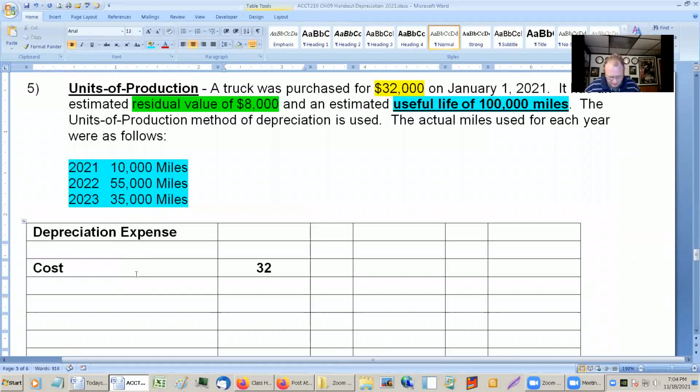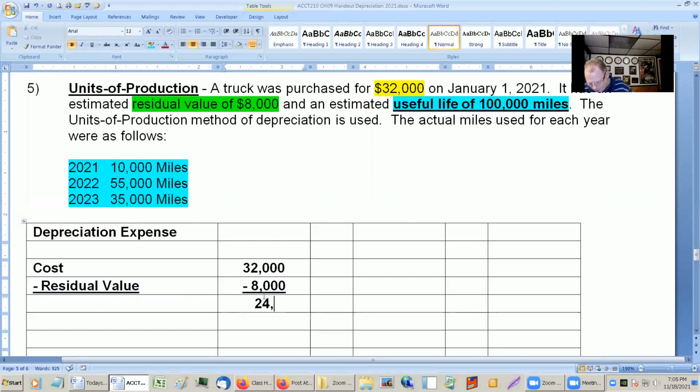We've all seen this one before. What's going on here? $24,000.